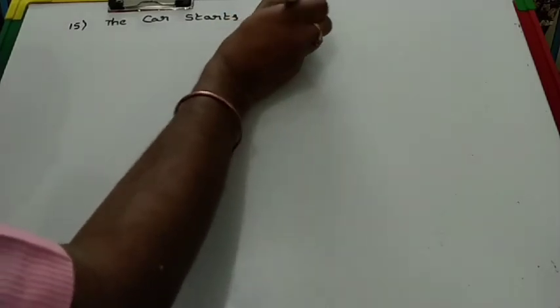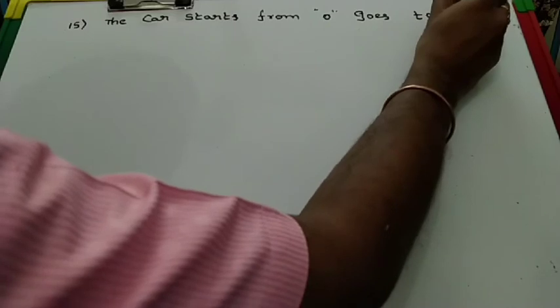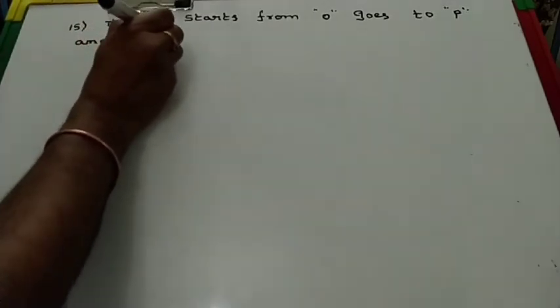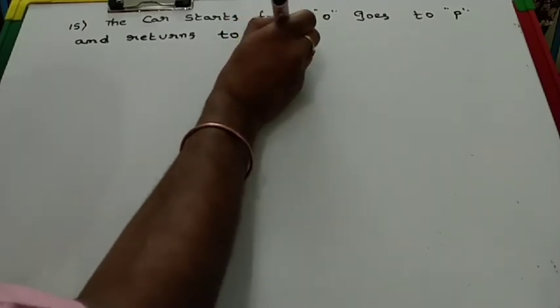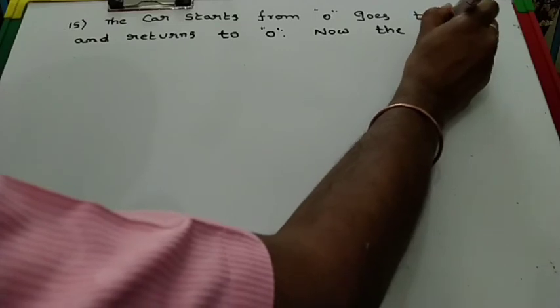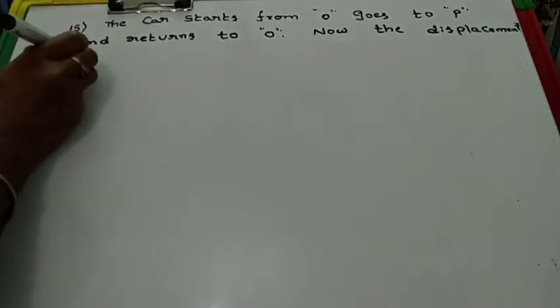Now, point number 15. The car starts from O, goes to point P and returns to O. Now the displacement is zero.